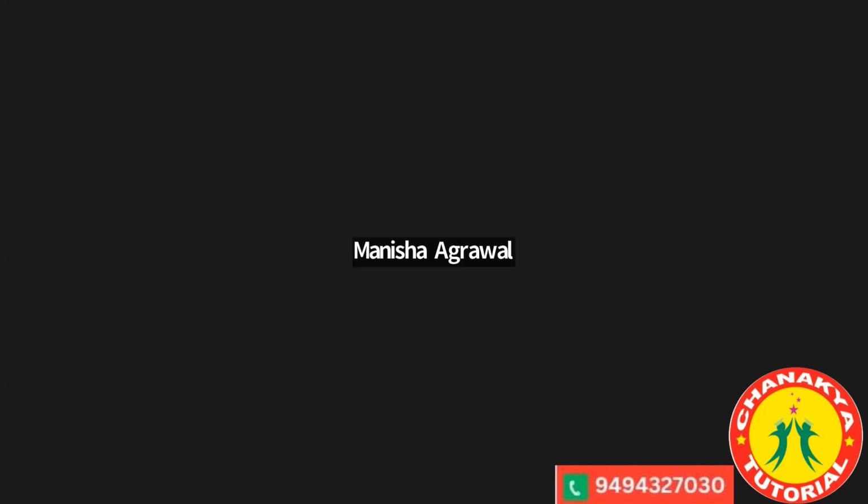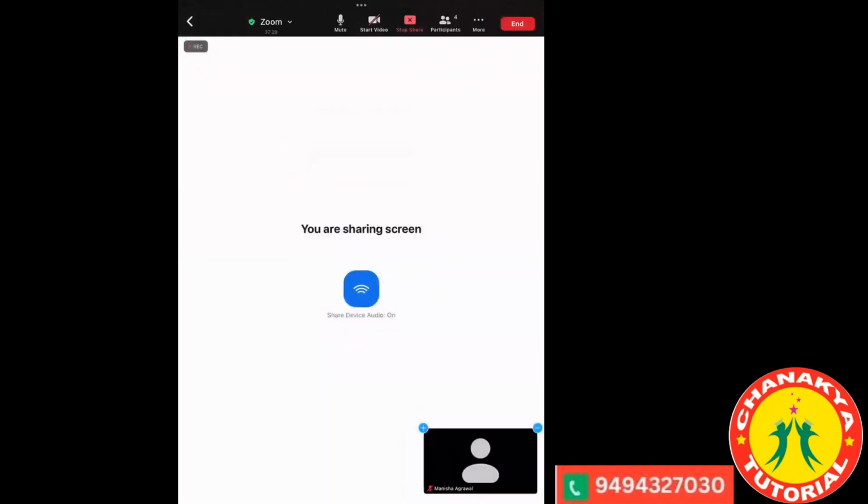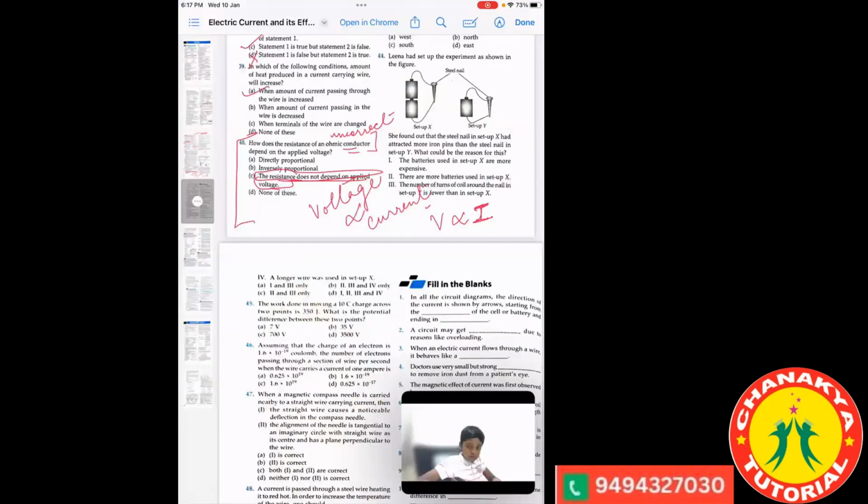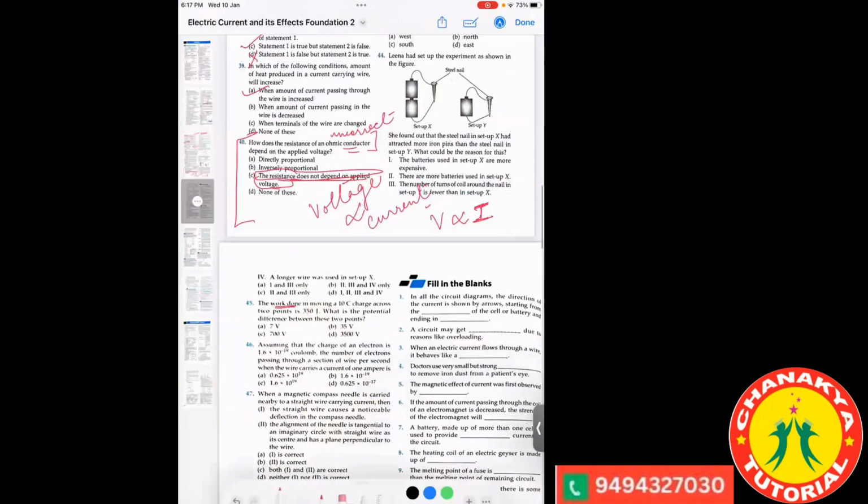I'll share the screen. Okay, coming to this question, they have given the work done in moving a 10 coulomb charge.